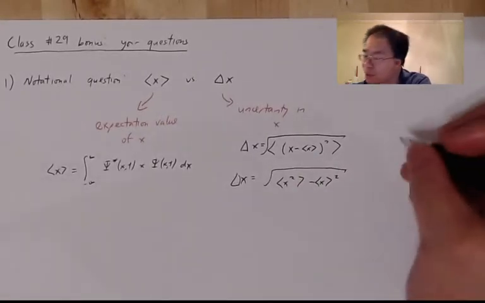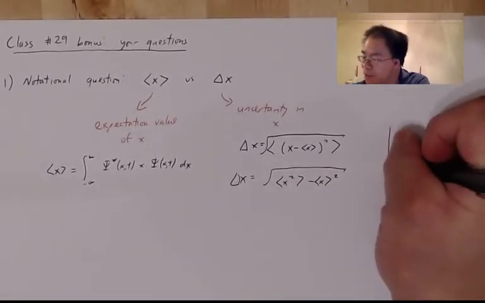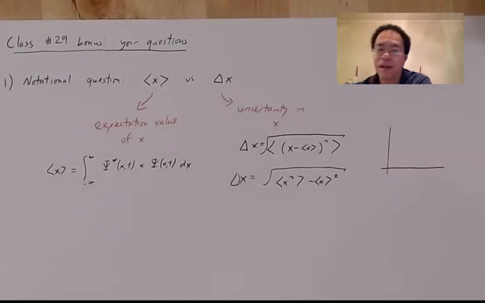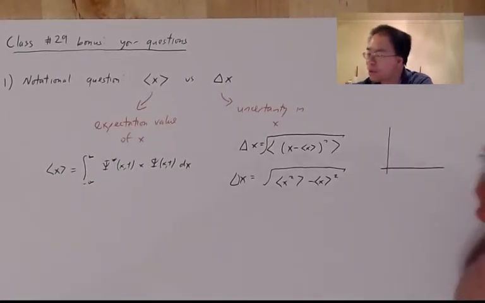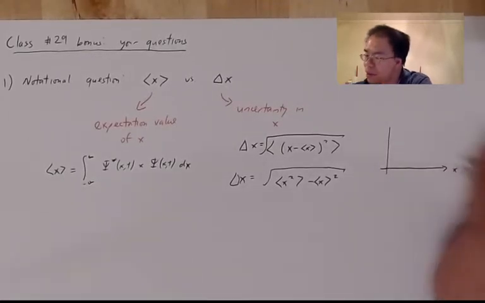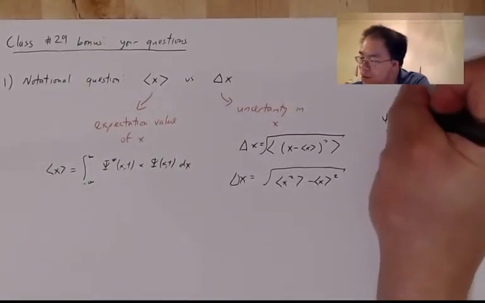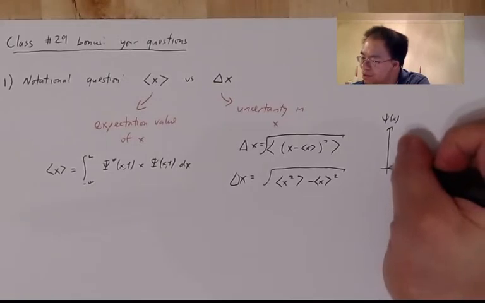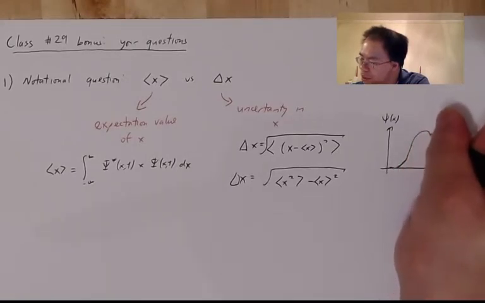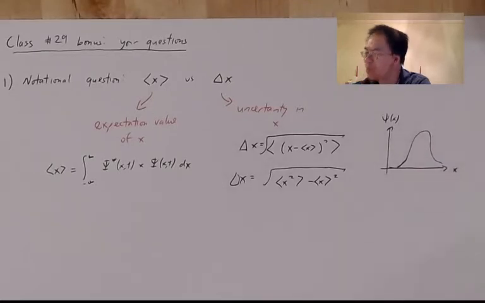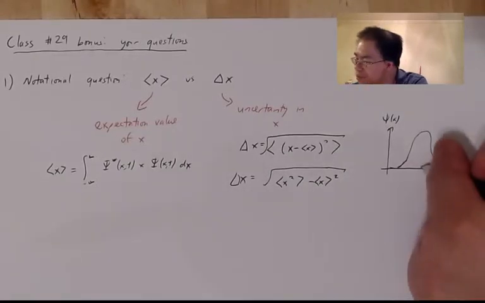So the picture that might help to think about it is the following. Suppose I had some wave function, and let's just assume for sake of argument that it's some nice bell curve shaped wave function like that. Pretend I drew it somewhat more symmetrically.